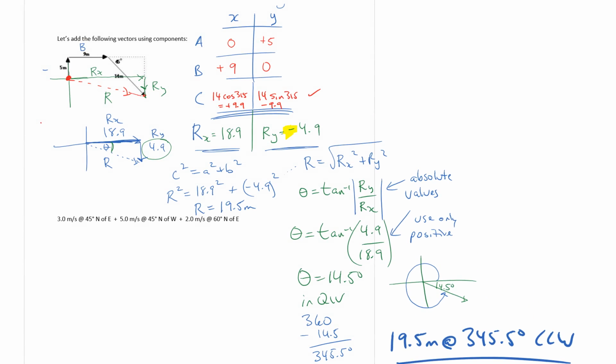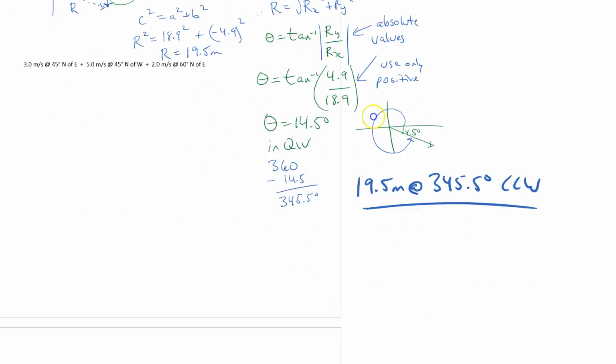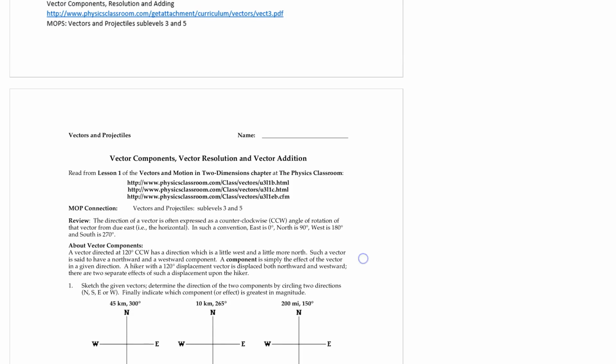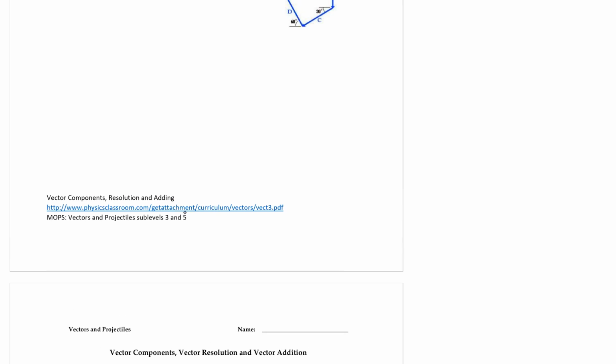I'm going to stop now for this video, and I think that's enough for you to do the sublevels. Sublevel 3, I think you did already. If you didn't do it, you should still do that one. And for sublevel 5, when you type it in, you can use a start code when you're doing the MOP.